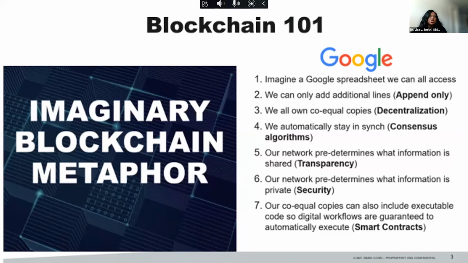Our network predetermines what information is shared, which adds the element of transparency. Our network predetermines what information is private, which includes the security element. Our co-equal copies can also include executable code, so digital workflows are guaranteed to execute automatically, which is essentially the definition of a smart contract.